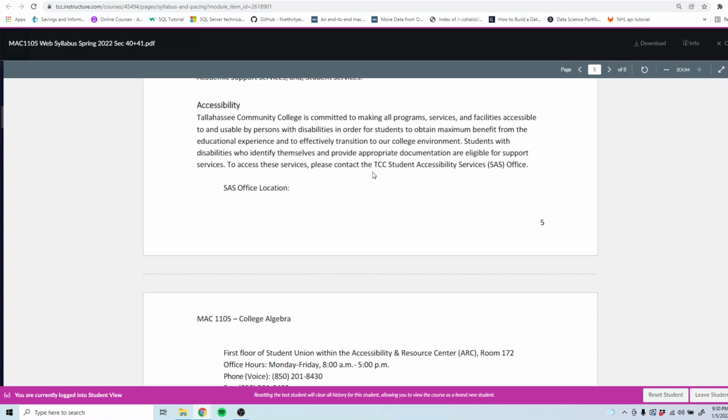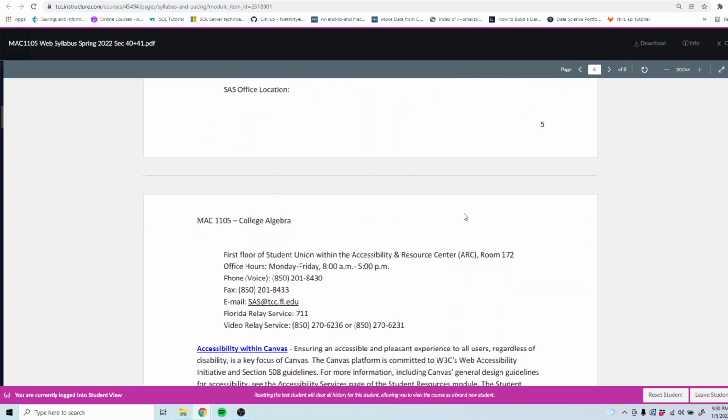So if this is your first semester in college and you had extra time taking tests in high school, you still need to make an appointment to get a letter that says that you get extra time through the college. It will not automatically be given to you. Keep that in mind.